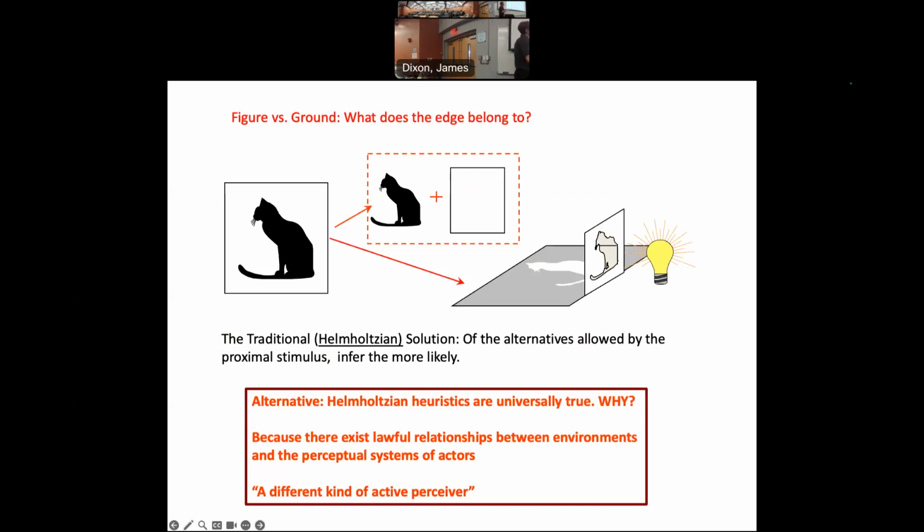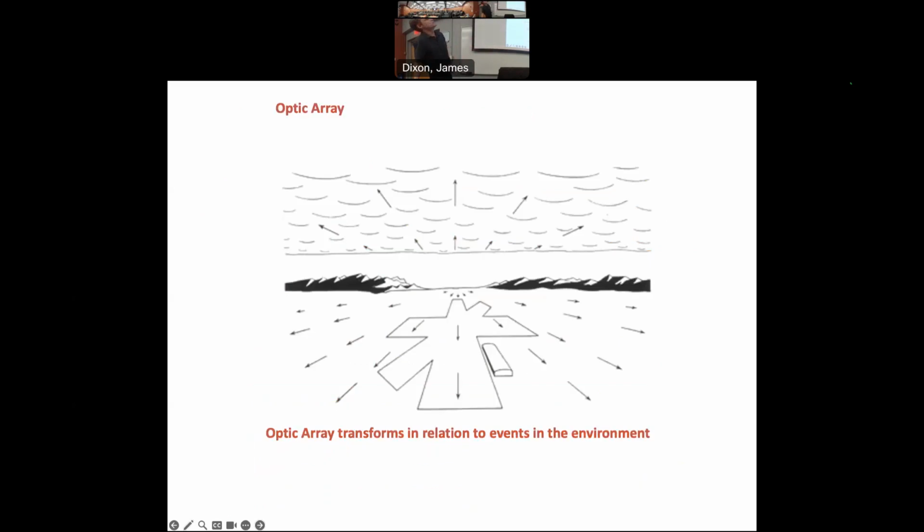But what if the universality of the Helmholtzian heuristics, the fact that these things seem to work everywhere, is there because there are lawful relationships between what's going on in the environment and what's going on in the perceptual system of whoever it is that's out there doing the perceiving? So this would start the whole thing over again, give us a different view of perception.